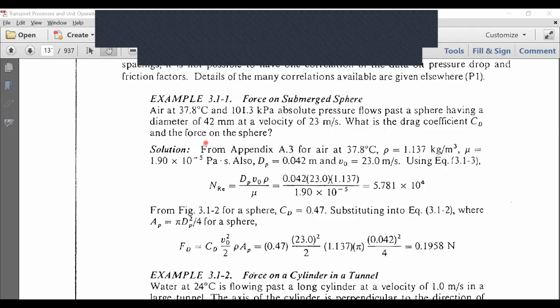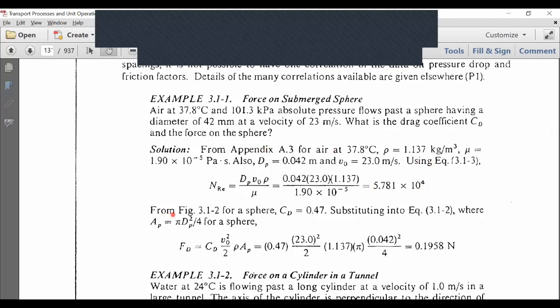We have the diameter of the particle, dp, 0.042, and V0, 23, then the density of air and the mu are these. We got this density and viscosity from appendix A3. Using the equation to find NRe, the Reynolds number, we find that it is 5.8 times 10 to the power of 4.